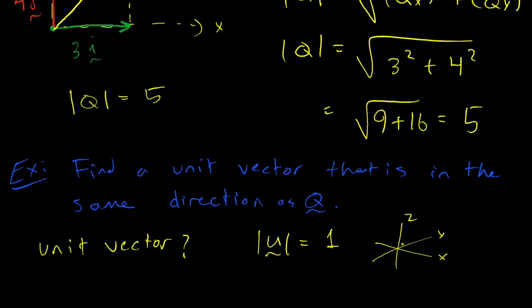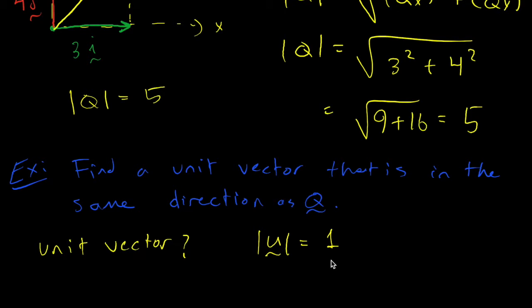Any vector in any direction, let's say we have a three-dimensional coordinate system with our z, y, and x. A unit vector can be pointed in any direction, this direction, that direction, so on. As long as the magnitude is 1, similarly in a two-dimensional system, it could be like this, like that, so on.